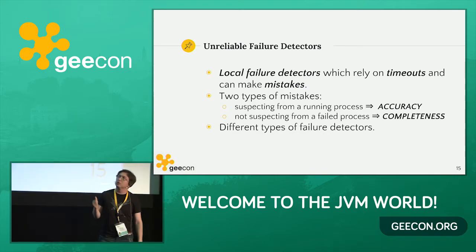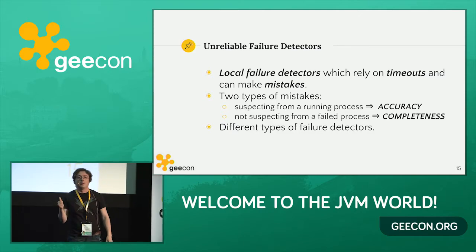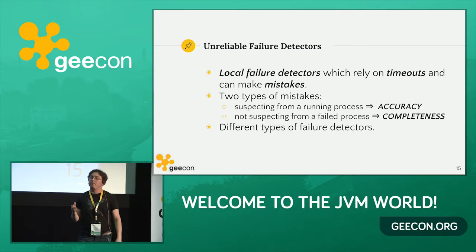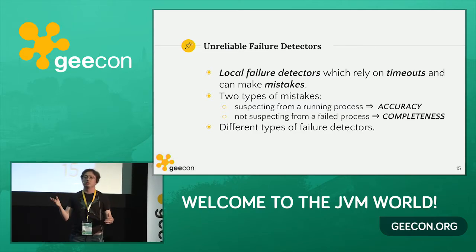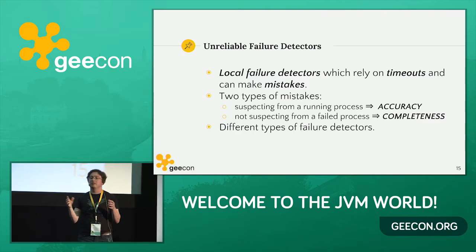There is a famous paper called Unreliable Failure Detectors. They make some timing assumptions in the system and the problem becomes solvable. They make a slight change in the abstraction and introduce this new notion, which is a local failure detector. In this one, each process has a local failure detector, and that local failure detector relies on heartbeat messages and timeouts to make suspicions about other processes in the system, and those suspicions can be inaccurate.